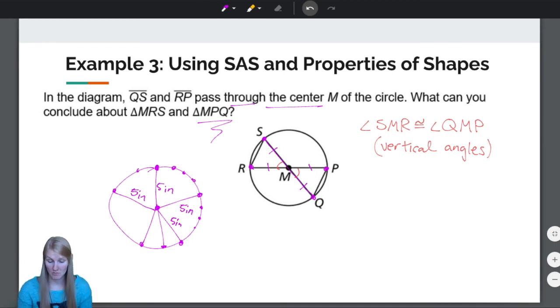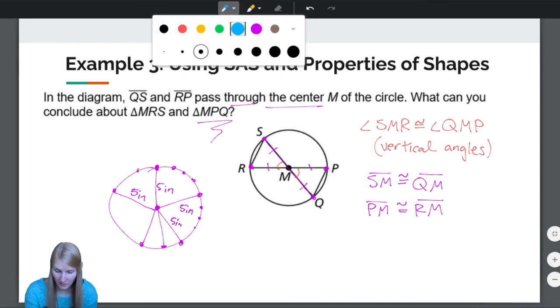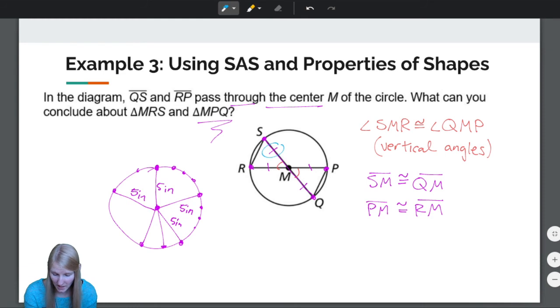And now, that tells us that SM is congruent to QM and PM is congruent to RM, which means, look at this, we have side, angle, side, side, angle, side. That muddied up the diagram a little bit.